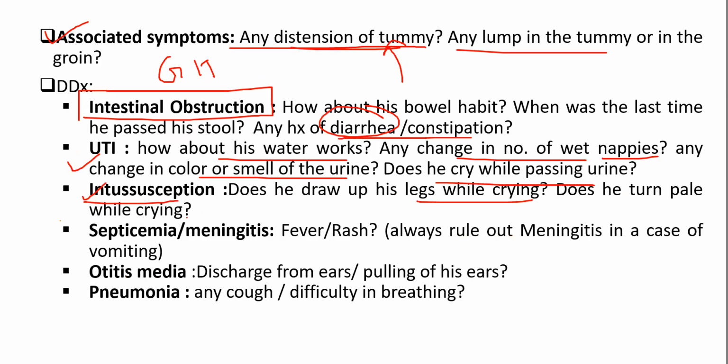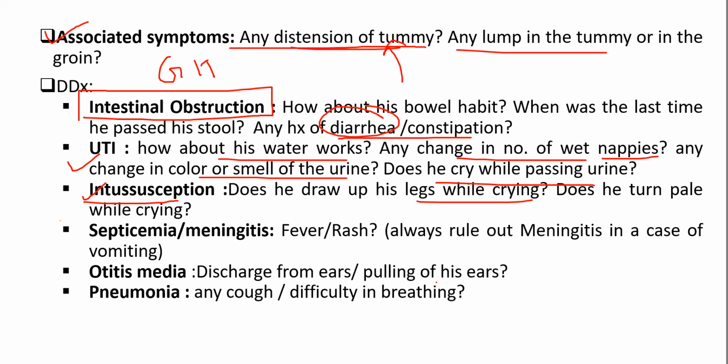Then after that, let's move on. We have some non-GIT causes: meningitis, otitis media, and pneumonia. For meningitis, you can ask about any fever, any rash. For otitis media, any discharge from his ears? Does he keep pulling his ears?